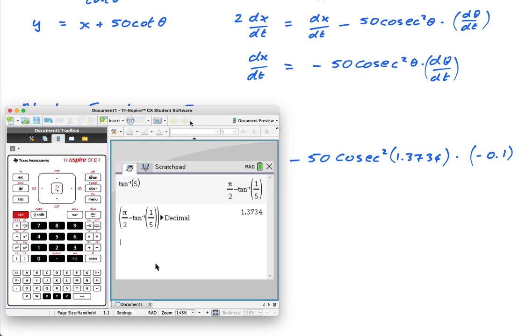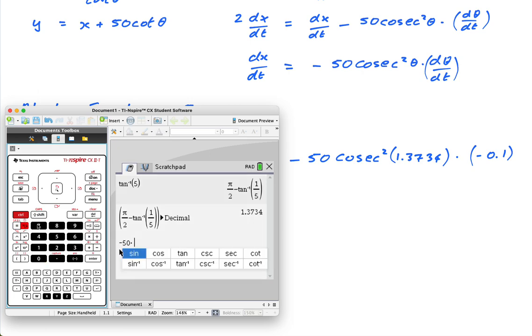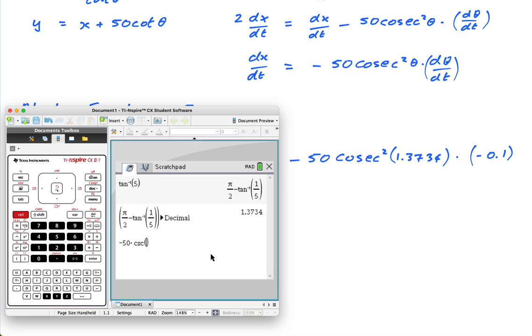Okay, so it's just minus 50 times cosec of 1.3734.